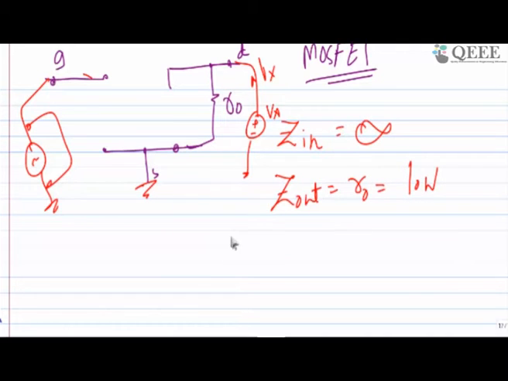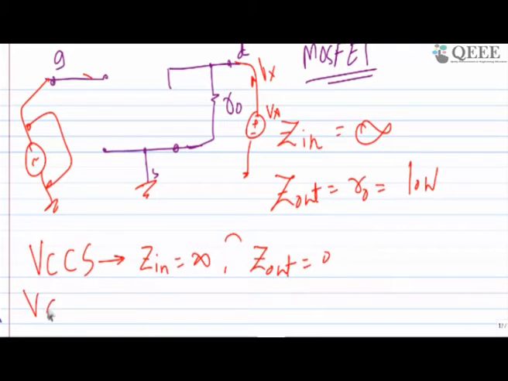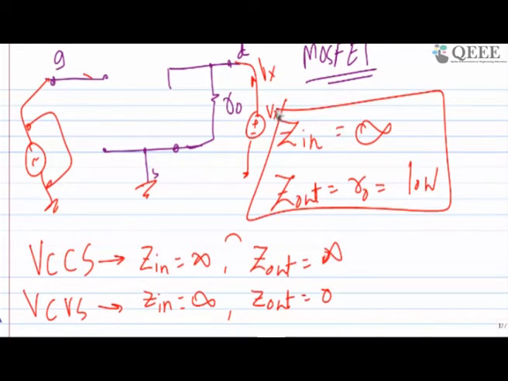So a voltage controlled current source is one whose input impedance is infinity and output impedance is 0. Similarly, for a voltage controlled voltage source, input impedance is infinity and output impedance is 0.